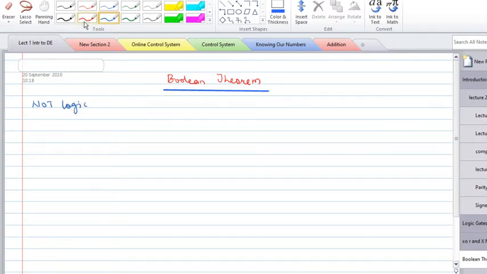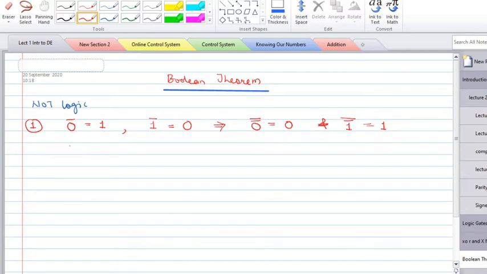In NOT logic, you know that if we take the NOT of 0, we will get a 1, and if we take the NOT of 1, we will get the 0 output. This gives us that if we take 2 times NOT of 0, then we will get the same result 0, and if we take 2 times NOT of 1, we will get this one.